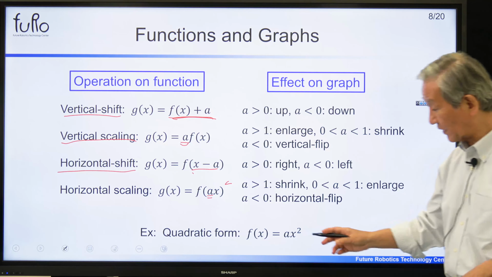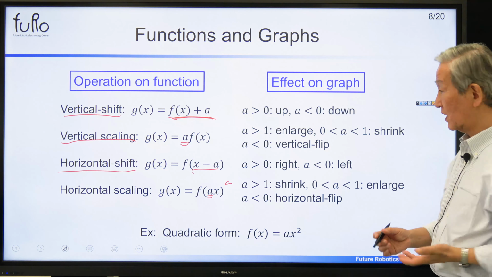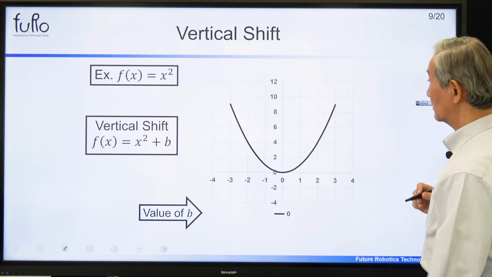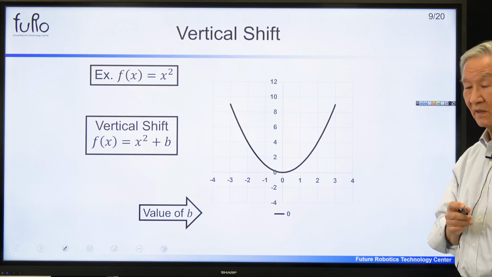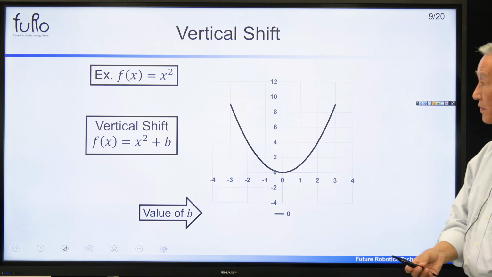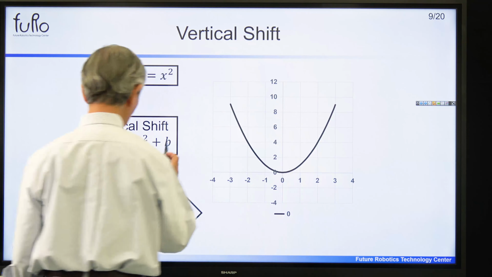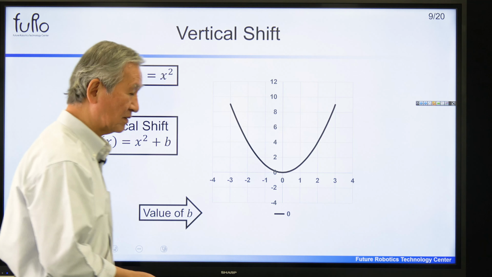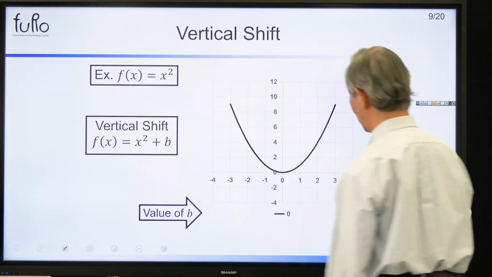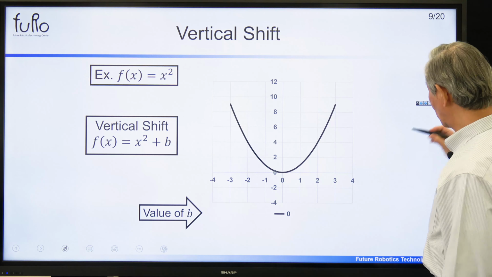Well, let's look at this function, x squared, and see how it does. Okay, this is the original function, f(x) equals x squared. And I am going to add b here. I don't know why b, could be a. Anyway, what's going to happen?